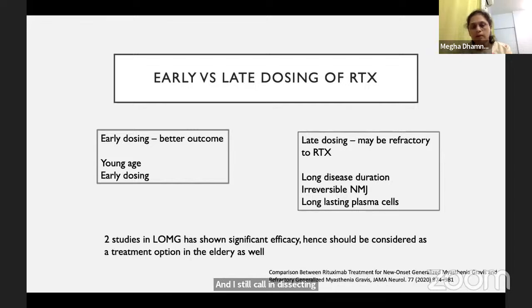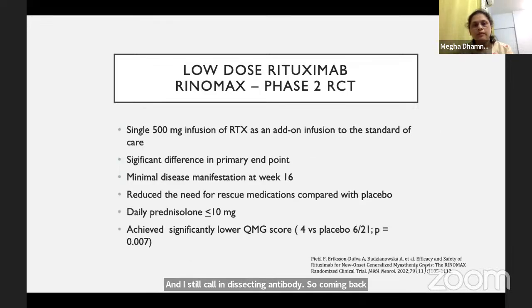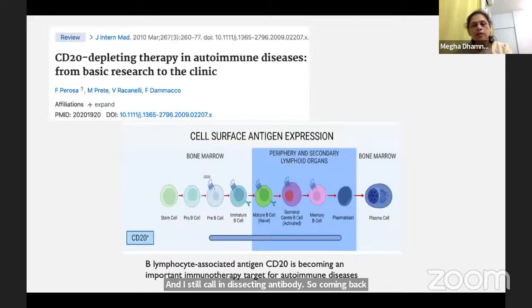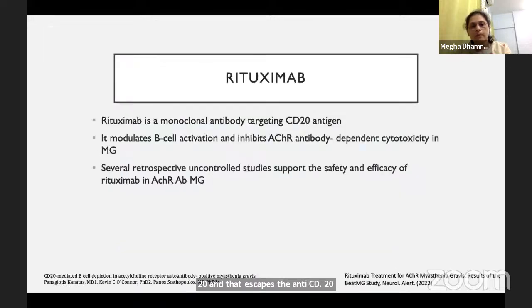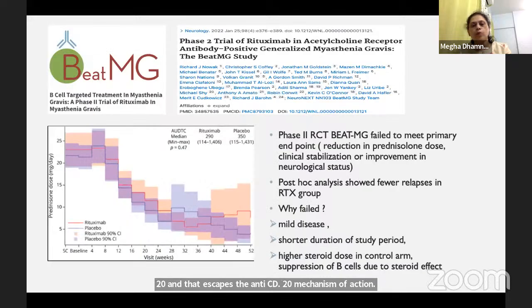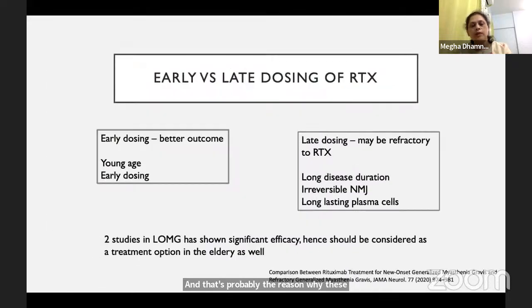So coming back to the slide where you have the B cells targeted from the pre-B cell to the memory B cell, the plasma cell does not carry the anti-CD20 and that escapes the anti-CD20 mechanism of action. And that's probably the reason why these patients who have long-lasting plasma cells are escaping from the action of rituximab.